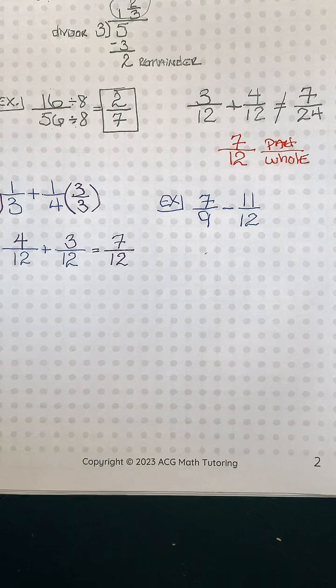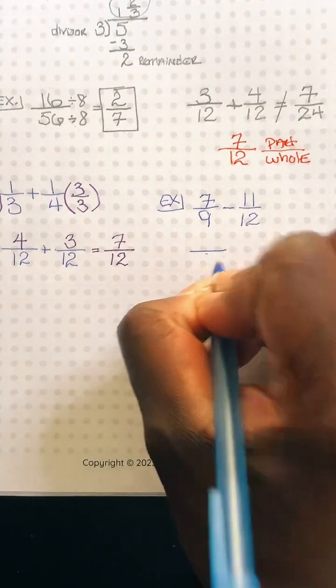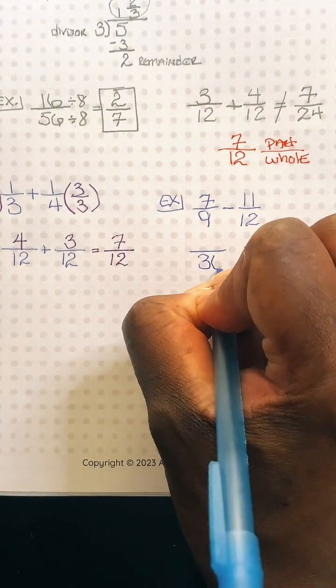Lucas is saying 36. Is he right? Try 36 for the denominator. All right. So if I'm changing this, let's try 36.